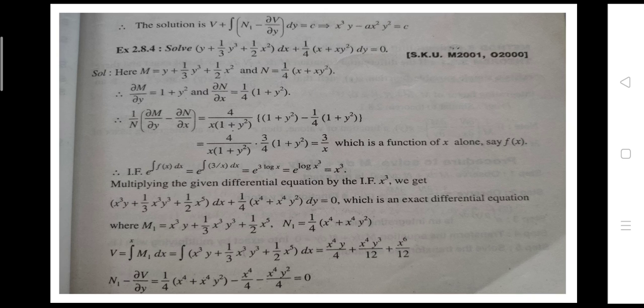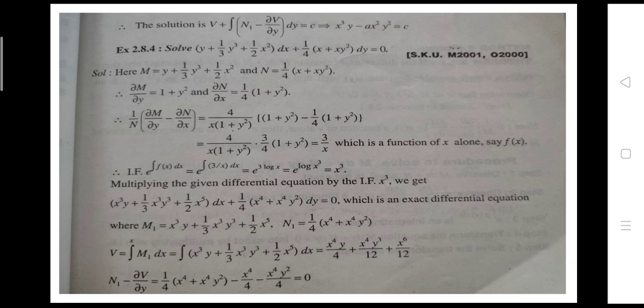So what is N? N is equal to 1/4 (x plus xy²). So 1/N means 4/(x(1 plus y²)), times ∂M/∂y, that is 1 plus y², minus ∂N/∂x, 1/4 (1 plus y²).